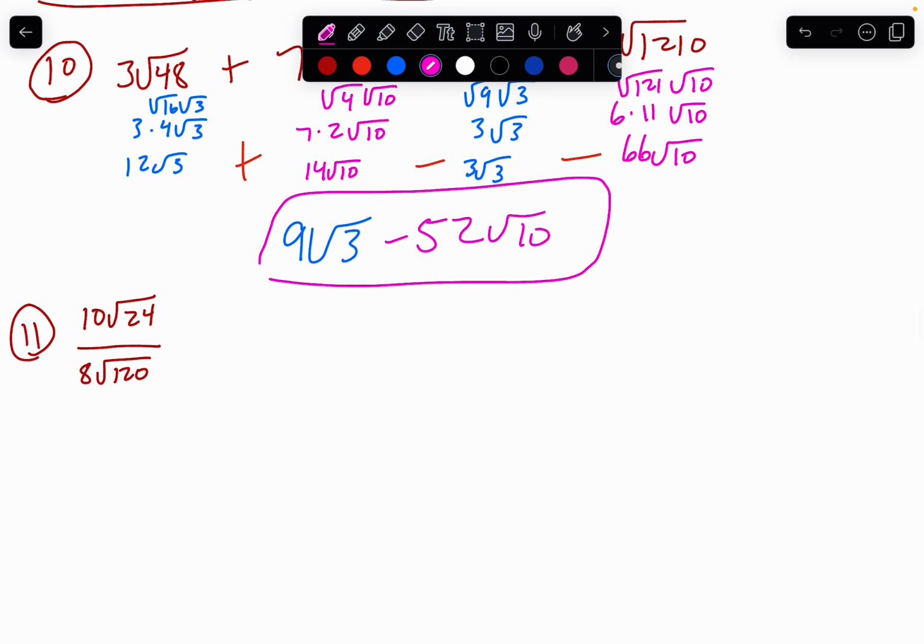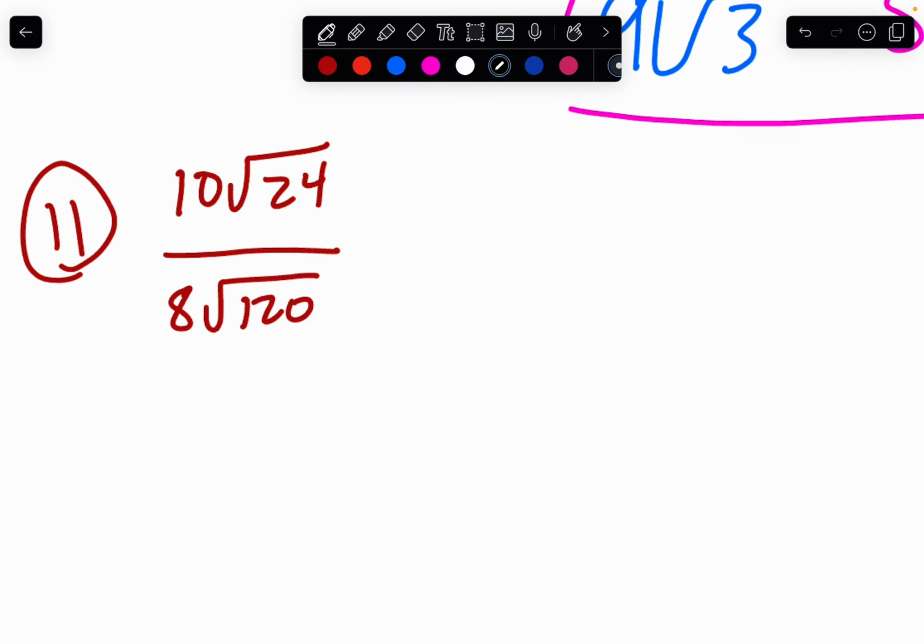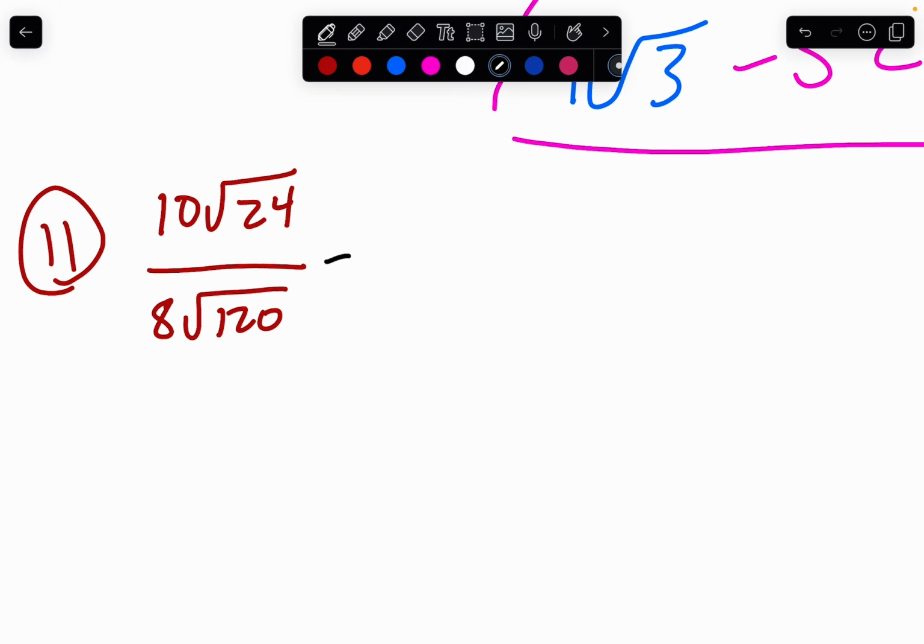Okay, next one. When we're doing division, you must reduce first or you're going to be in for a world of hurt. 10 and 8 reduced to 5 and 4. So let's start with that. 24 and 120. I can divide those by 12. 24 divided by 12 is 2. 120 divided by 12 is 10.